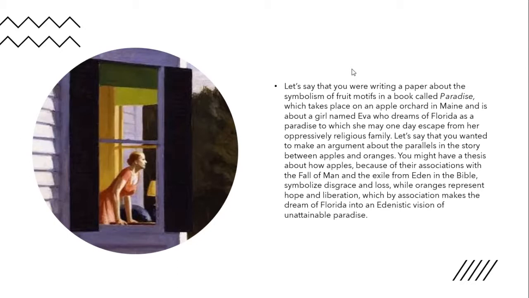It's taking it a step farther. It's getting at the significations of it, getting at the meaning, the representational value. It's interpreting those motifs in the book, those symbols, those objects. And also take note, right, that this is, if you were writing this, about one text.